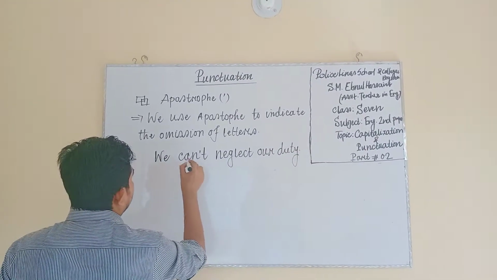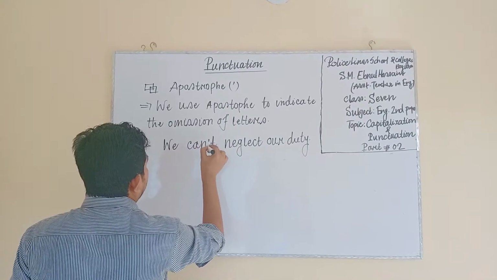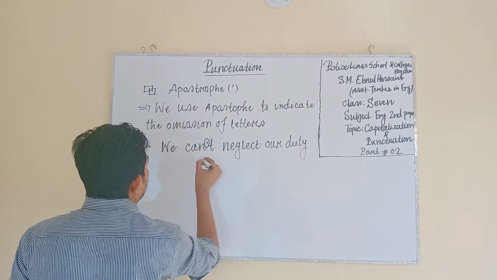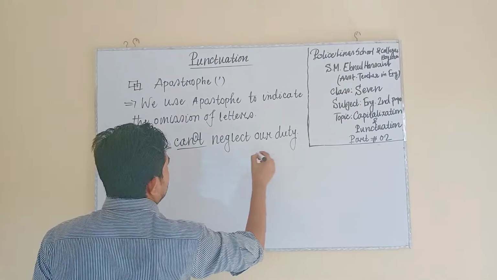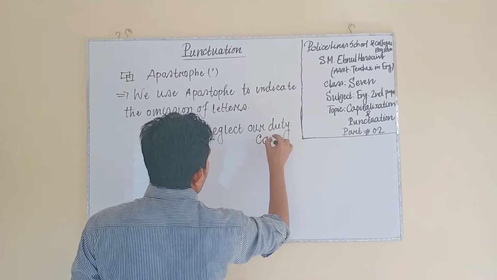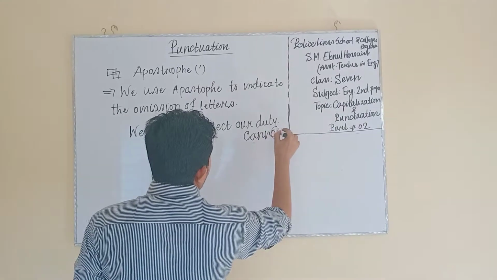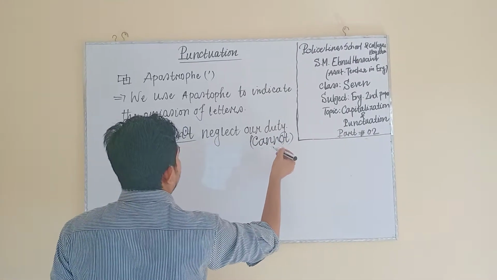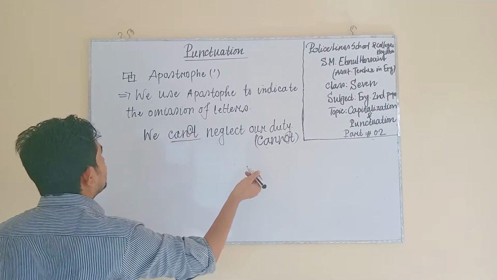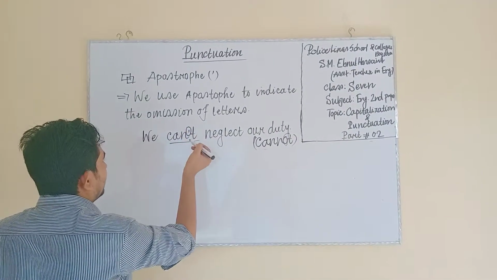Here notice the can't, where an apostrophe is used, and the full form of can't is cannot. So the word cannot is contracted by using the apostrophe.